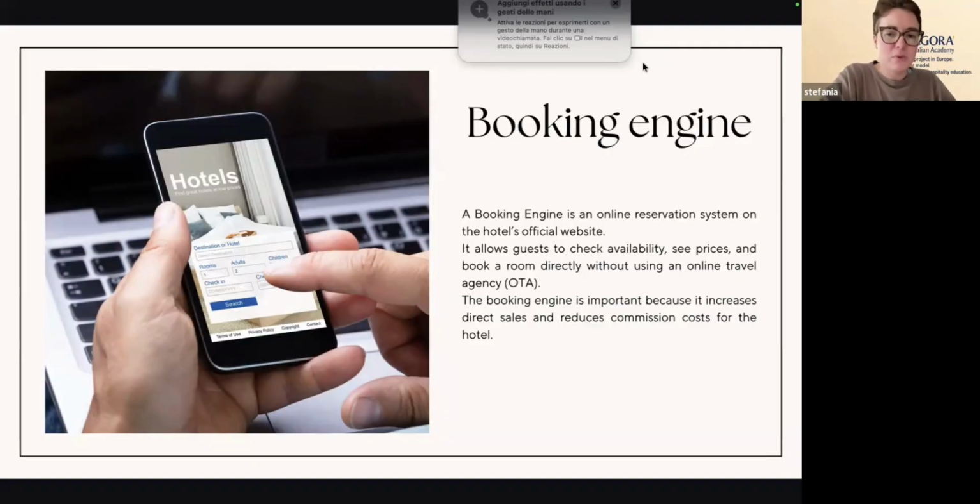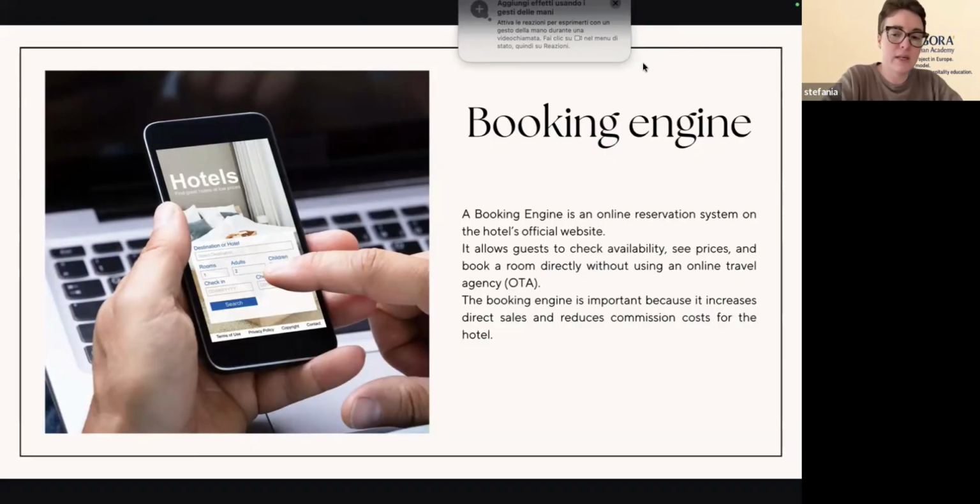Then Booking Engine. Booking Engine is the online reservation system on the hotel's official website. When you go into a hotel's website, 90%, not 100%, but 90%, you find the Booking Engine. It allows guests to check availability, see prices and offers, and book a room directly without using an online travel agency.